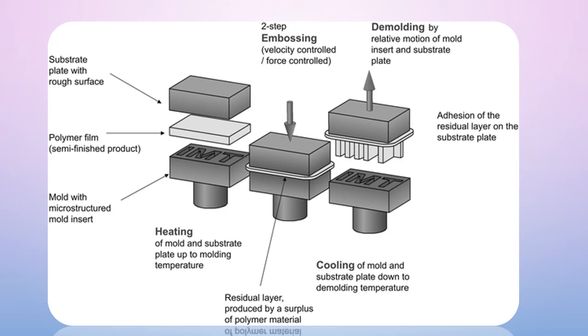Then embossing, where the velocity and force is controlled. Then when you take out the clamp and the die, the final product will follow the mold that's already created. This is how hot embossing is performed.